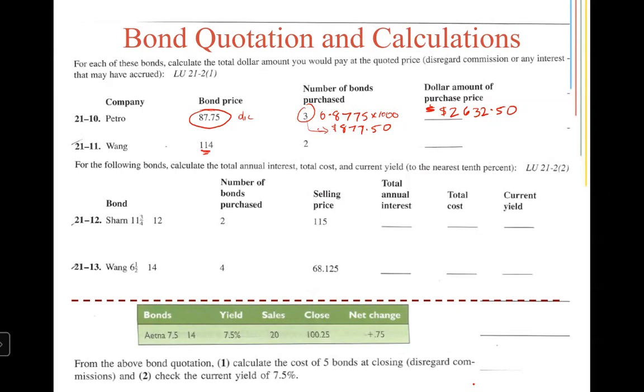So it'd be 1.14 times 1,000, so $1,140. And we're buying 2 of those bonds. So how much are we going to pay for 2 of those bonds? $2,280. Okay, thank you.